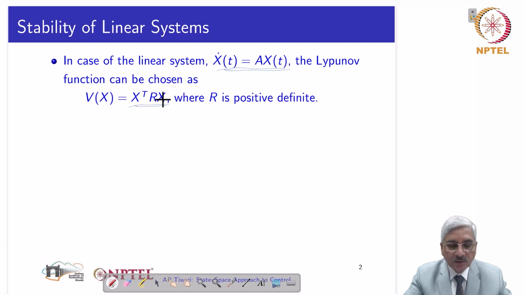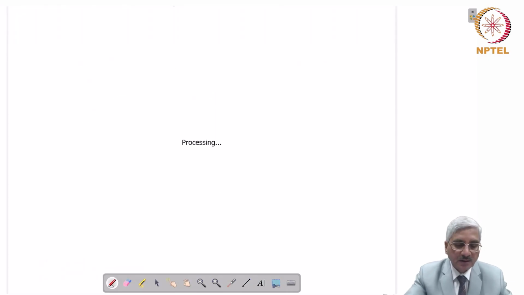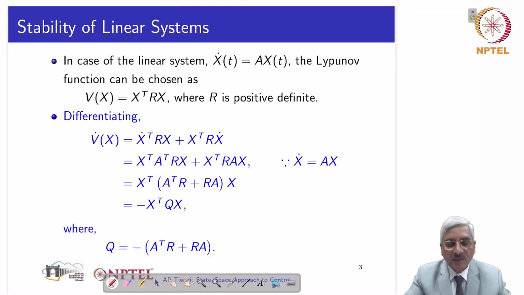This we also know is global, and we have also seen that stability of nonlinear systems is applied to the whole state space. It is global in nature. So we choose a Lyapunov function which is a quadratic form x transpose Rx.